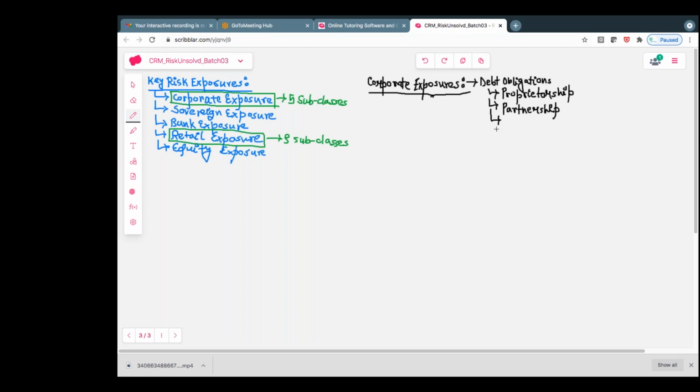The proprietorship, the partnership, and the corporation. So these are the three broad kinds of debt obligations. We have the proprietorship, the partnership and the corporation.